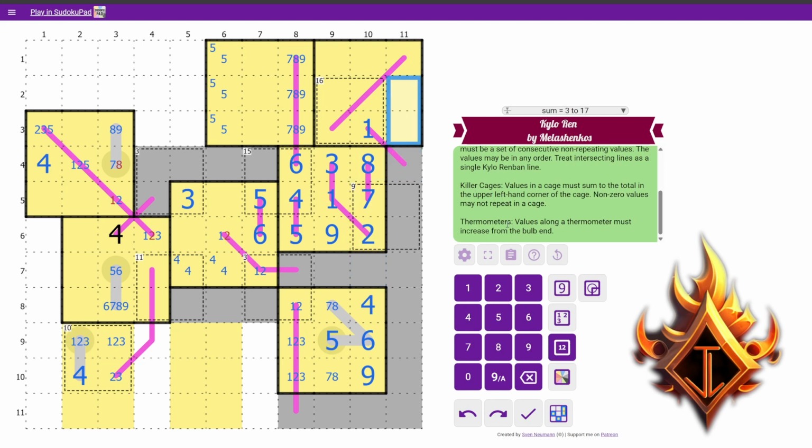And 9 will be over here now. 8 will also, and so will 7. So 3 is here, and it is not going to be consecutive with those. So 3 is there. And this will be a digit.